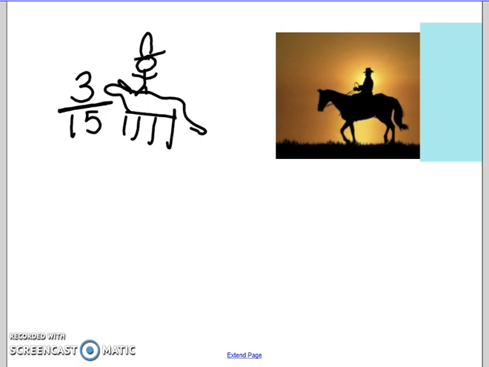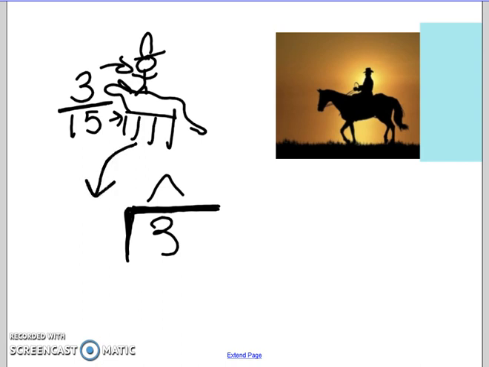So the cowboy is the number 3 and the horse is the number 15. Whenever you go to do your division problem, what number should always go inside of our house? And I like to call this little house because I think it kind of looks like a house. Or, I don't know, you can make it into a house. Okay, so the cowboy goes into the house. Whenever they return home from the fields, the cowboy goes inside the house. And the horse goes outside the house.